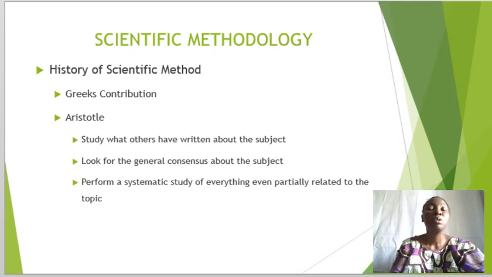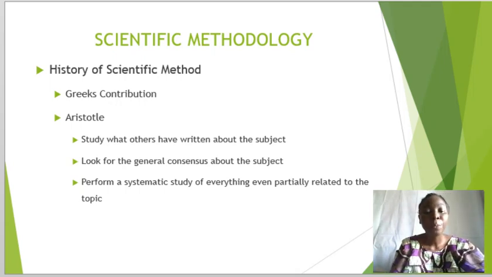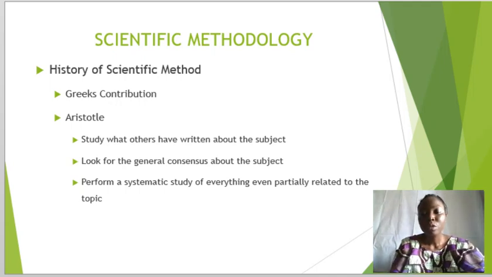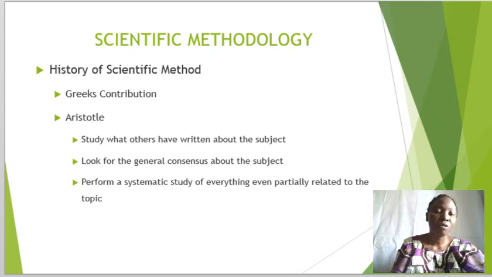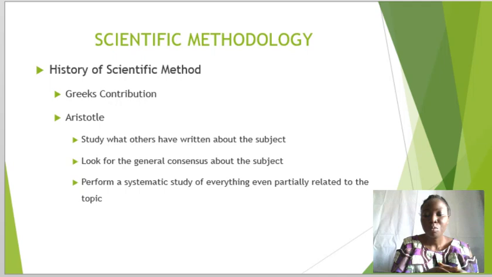Under this, we'll be looking at the contribution of Greek philosophers. So we'll be looking at the influence of Muslims on the history of scientific method. Then we'll look at other scientists that contributed in one way or the other to the scientific method.